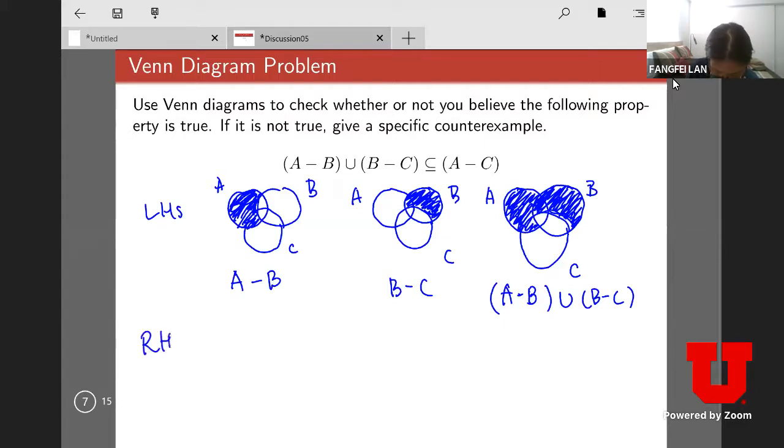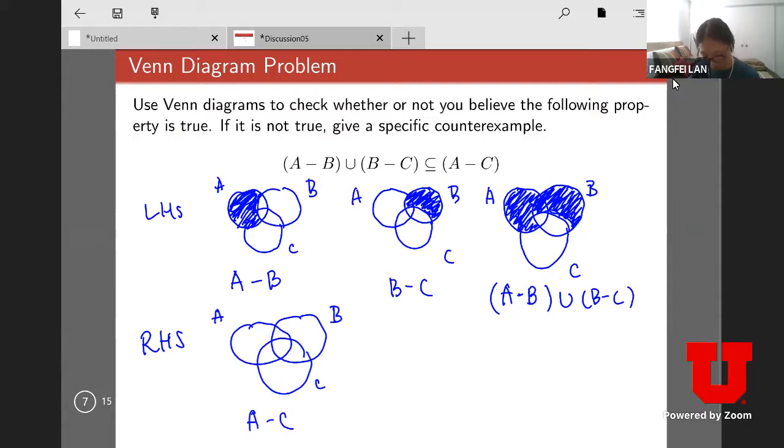So we have right-hand side A minus C. We have A, B, C again. So A minus C, the element is in A, but is not in C. So it's right here.